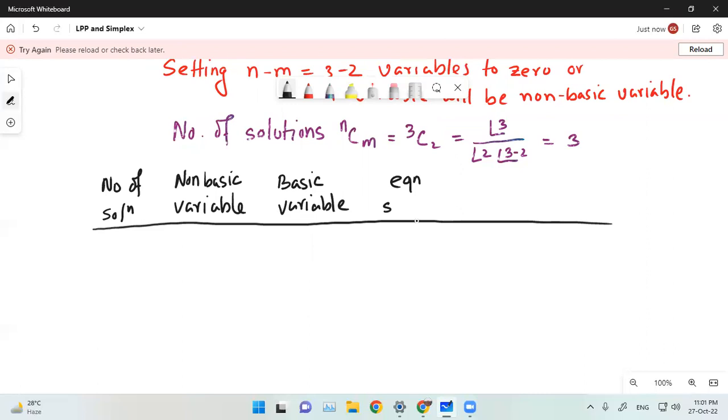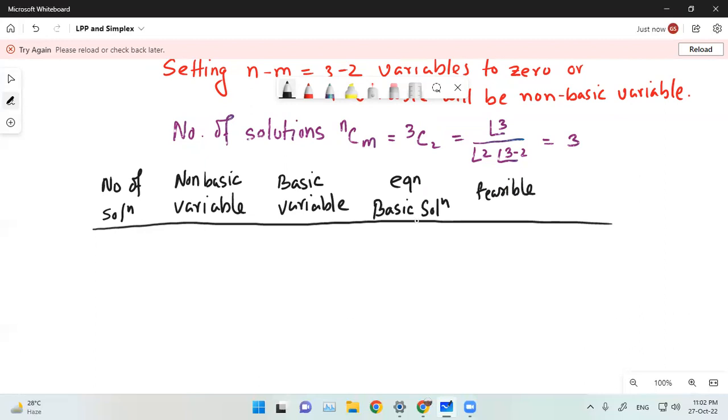We can also call this the basic solution. Then we'll have the feasible solution out of the solutions that we have.